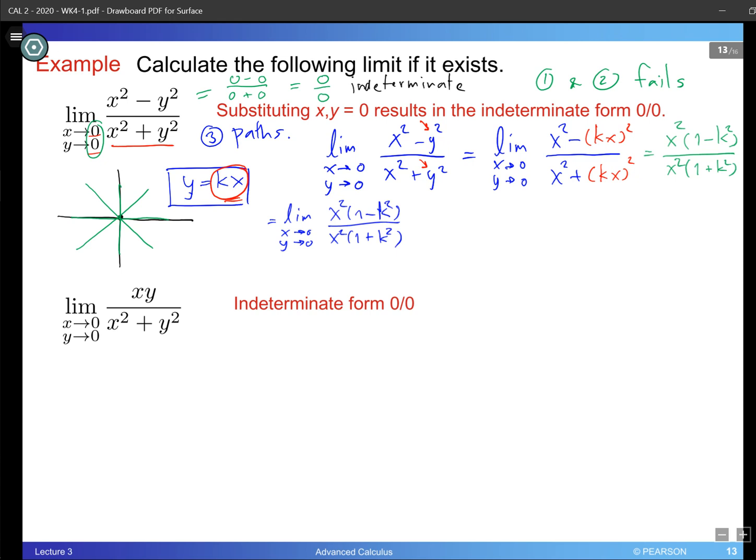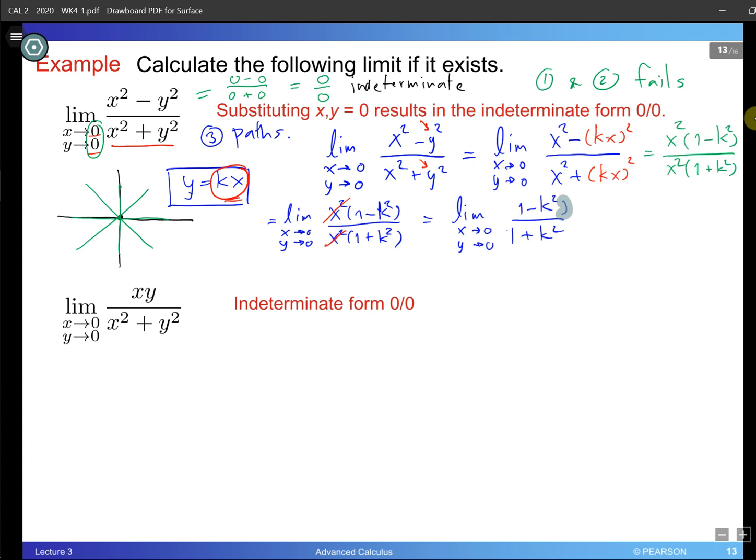Alright, and of course you see something nice right here, that we can cancel this out. X squared goes away. So we have this in the end, the limit of x moves to 0 and y approaches 0, of 1 minus k squared divided by 1 plus k squared.